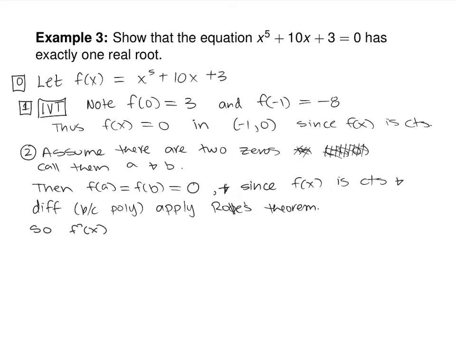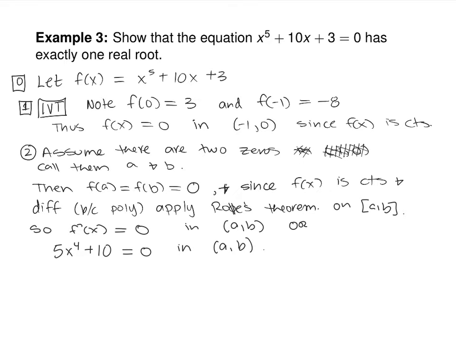So f prime of x will need to equal 0 somewhere in the interval from a to b. Or, what is the derivative in this case? And is it pretty obvious that that's not possible?